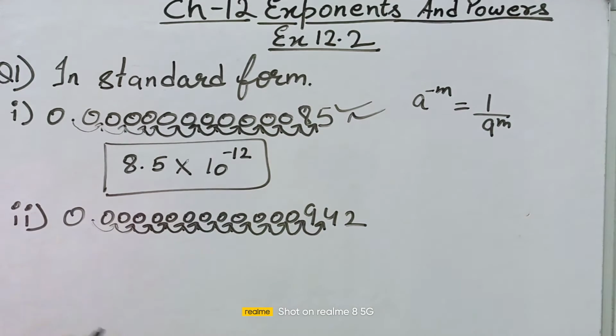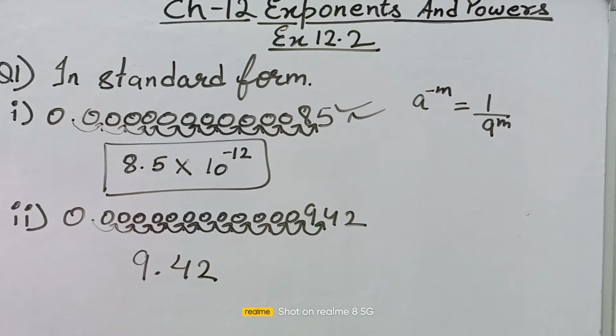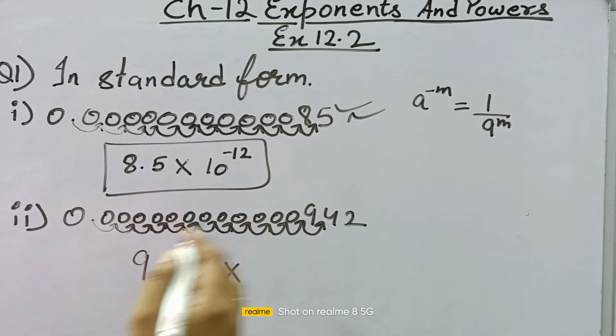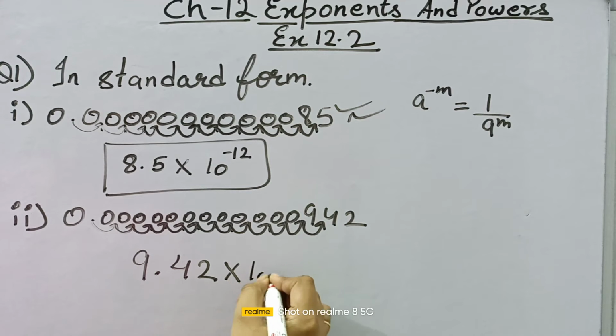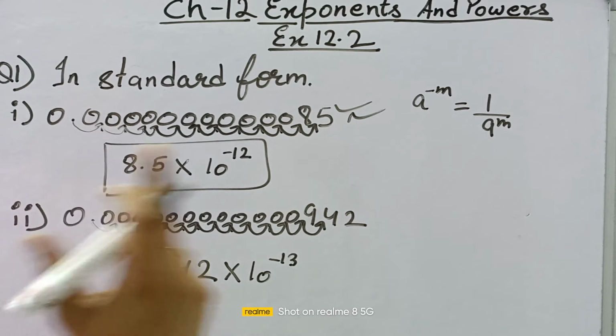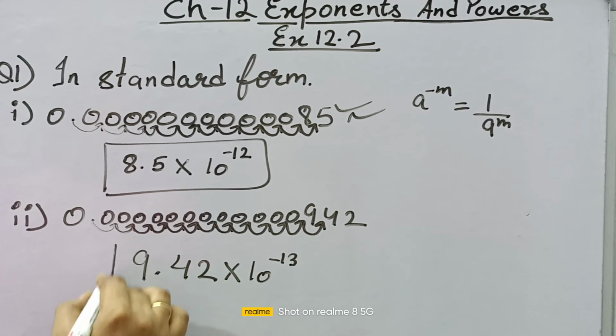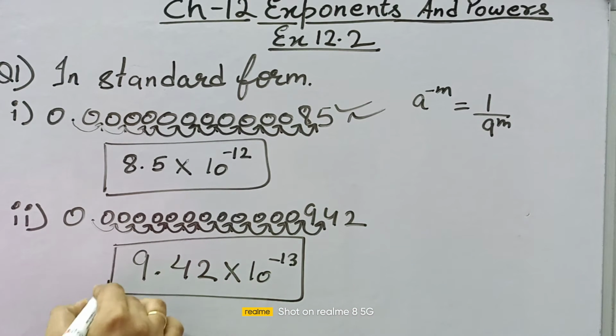Let's keep it till here only, and it will become 9.42. Multiplied with how many times I had shifted the decimal? 13 times. So I will write 10 raised to the power minus 13. I am shifting the decimal to the right side, that is why the exponent will come in negative integer. So shifting the decimal to the right hand side is the easiest method to convert any usual form into standard form. I hope it is clear.